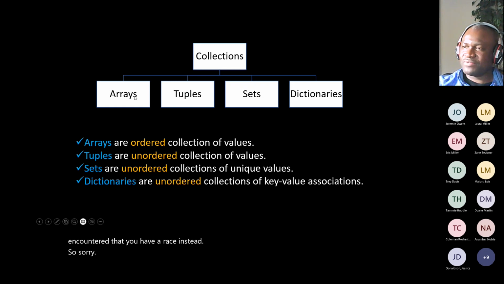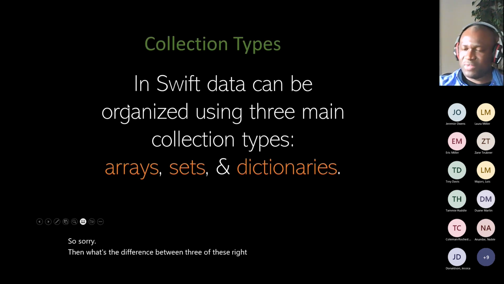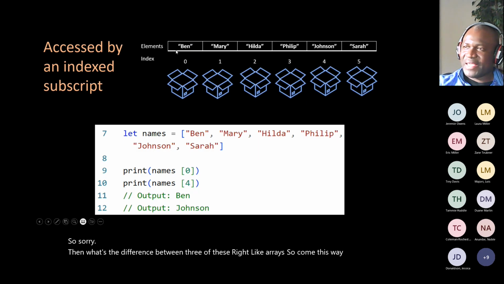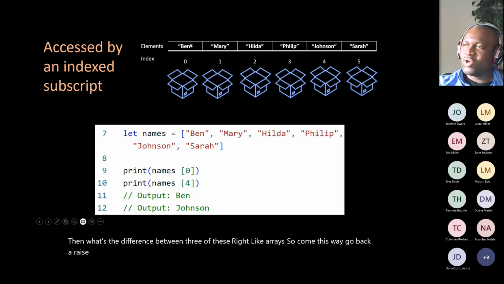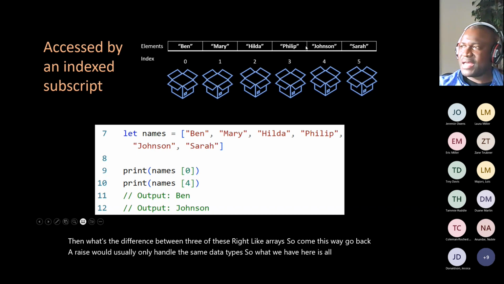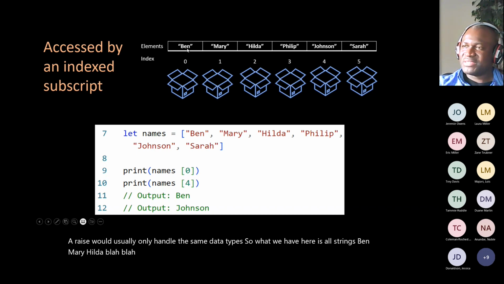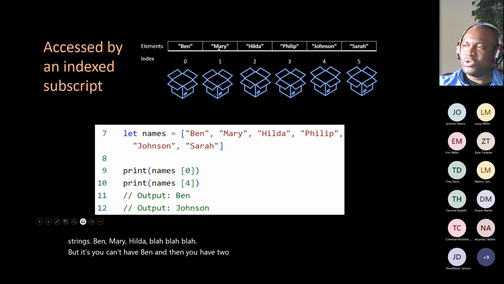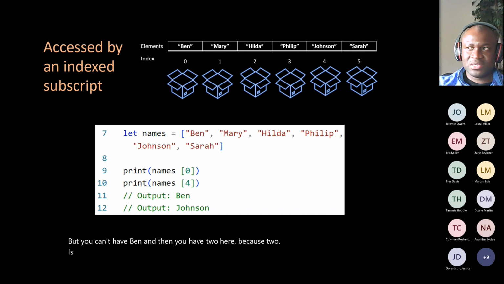But then what's the difference between these 3? Like arrays. Arrays would usually only handle the same data types. So what we have here is all strings. Ben, Mary, Hilda, and so on. But you can't have Ben and then have 2 here, because 2 is not a string. 2 is an integer.